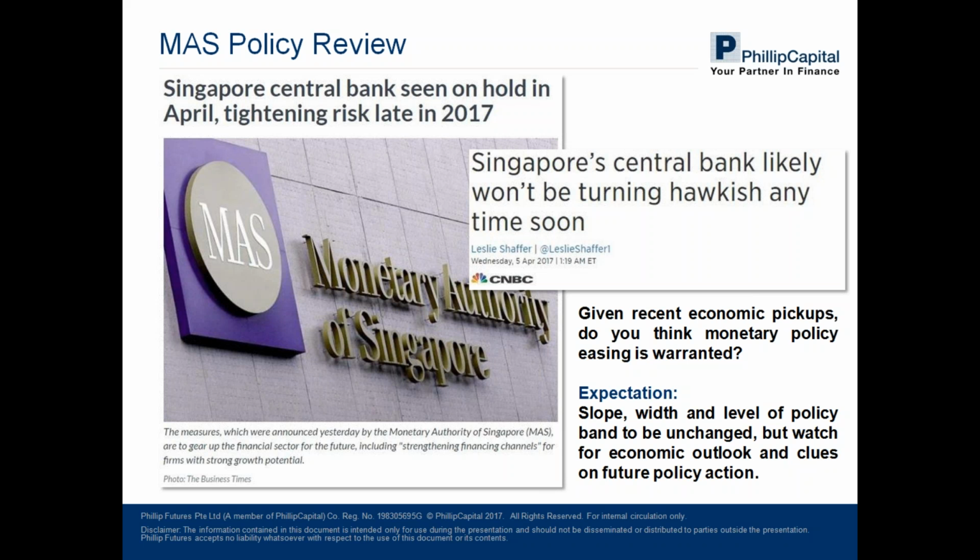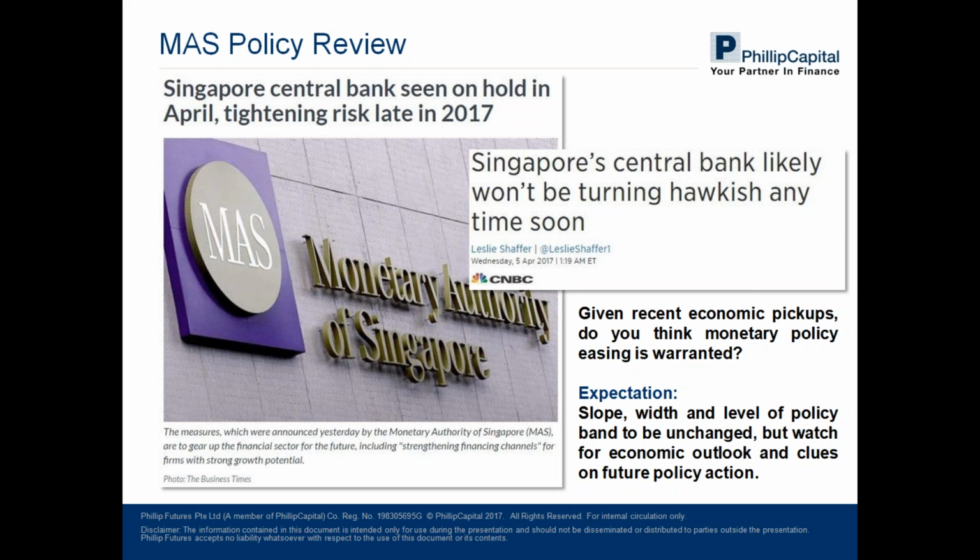Back in 2016, given the very depressing economic figures we saw last year, there was a lot of talk about the MAS possibly introducing an easing of policy this year in April. However, in light of the recent data readings, I think the Singapore economy is starting to show initial signs of stabilization and pickup.